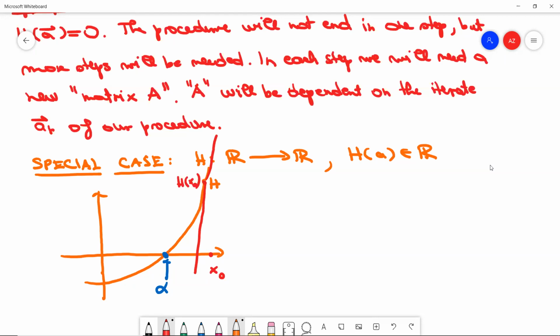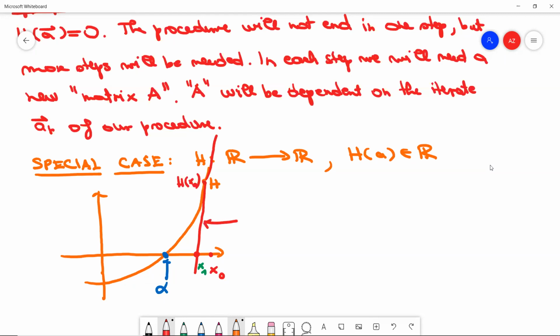And where the tangent meets the x-axis, this is our next iterate. So this is x1. And I will use another color because everything will be too dense otherwise. So this is x1. And what's the formula for this tangent?